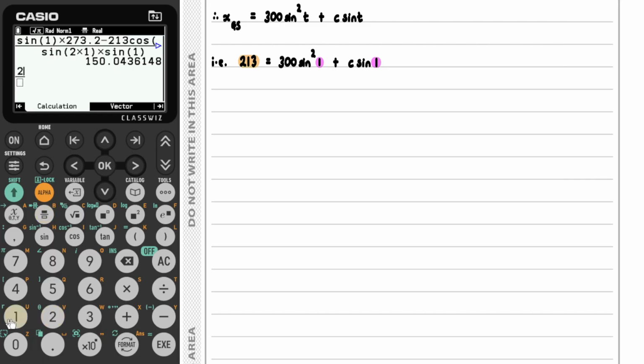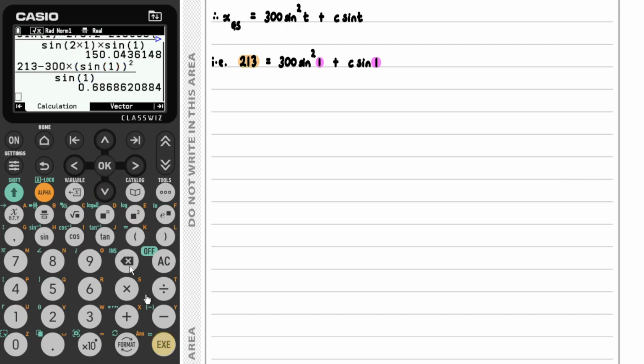We would have 213 subtract 300 times the sine of 1 squared over the sine of 1, which is 0.68686, etc. So c is equal to 0.687, and therefore, knowing what c is, we can state the particular solution.